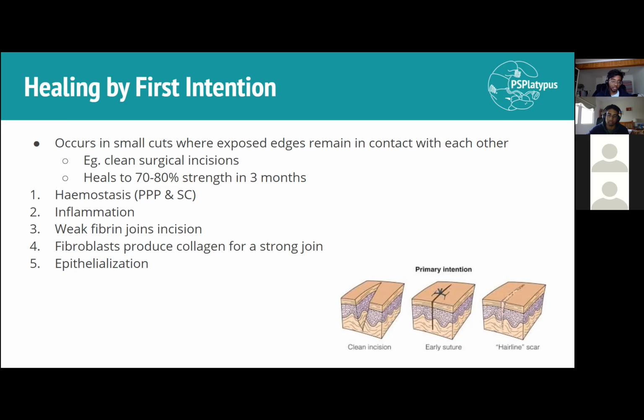So step 1, hemostasis, platelet plug, stable clot, inflammation, and then we have weak fibrin that joins the incision. Fibroblasts produce collagen for a strong joint. And epithelialization refers to the formation of more epithelial cells on the surface, which close the wound over.